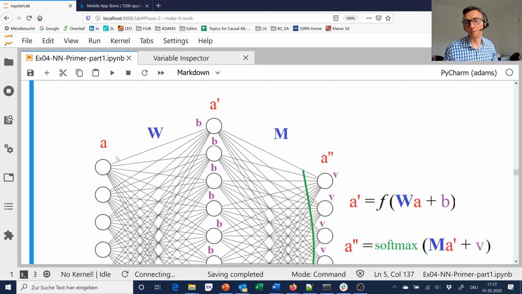And then you might remember from the lecture that you will easily run into the saturation level of your neurons, depending on which activation function you use.